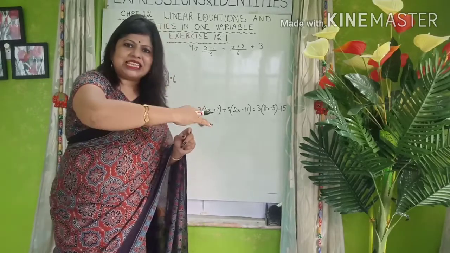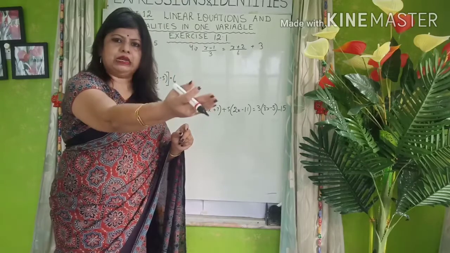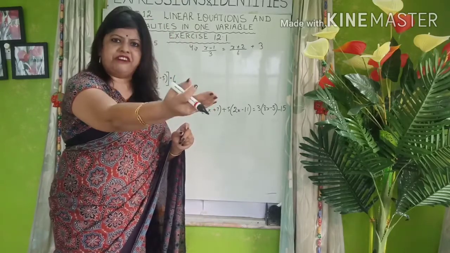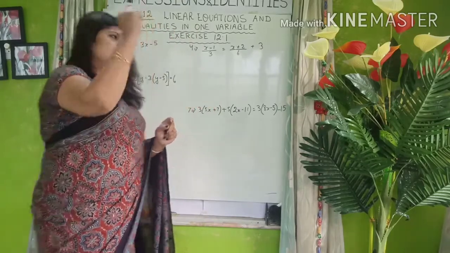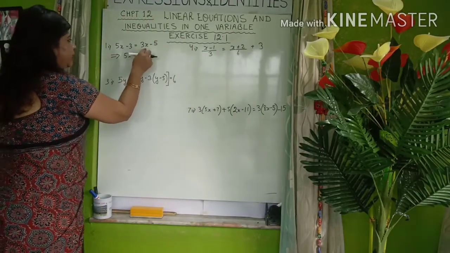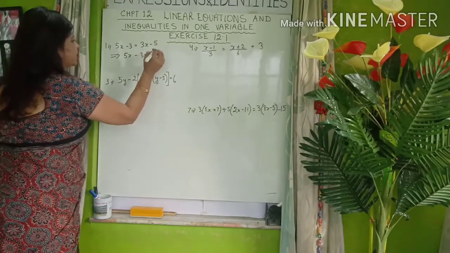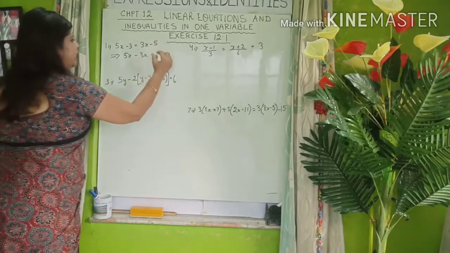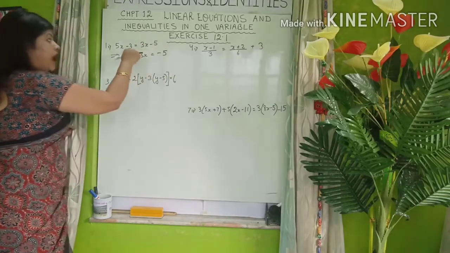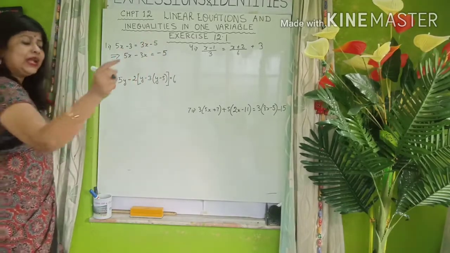From the left hand side, if you take a plus sign to the right hand side, it becomes minus. Multiply becomes divide, and vice versa. So we begin. 5x is already here. The moment I bring in 3x, it becomes minus 3x, equal to whatever is here, minus 5. Minus 3 you are taking to that side, so minus 3 will become plus 3.